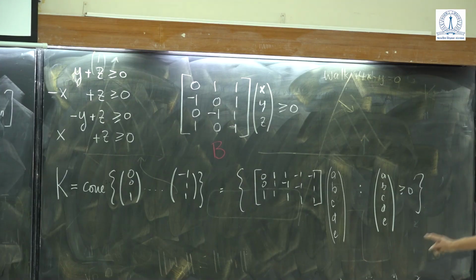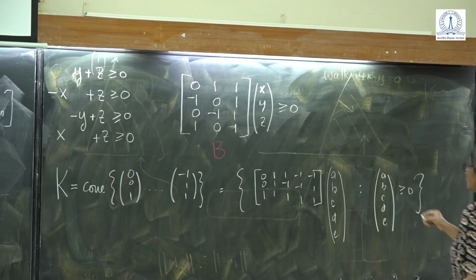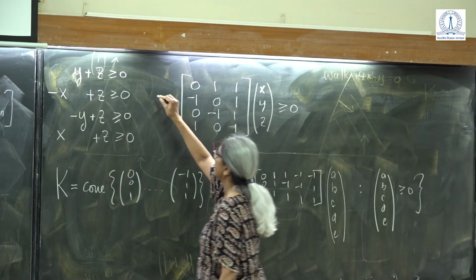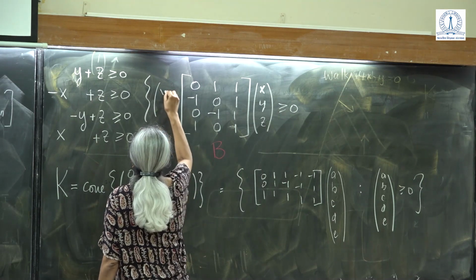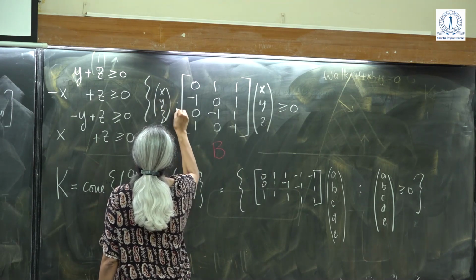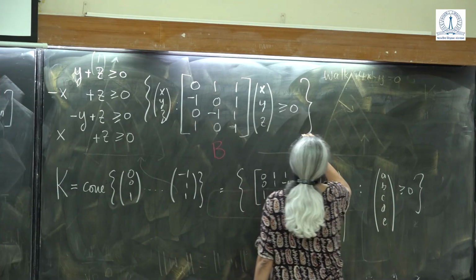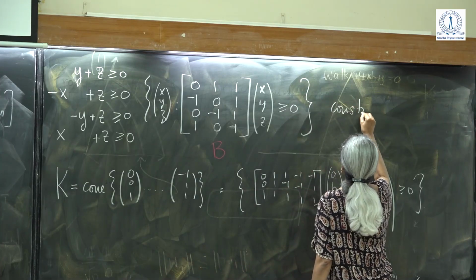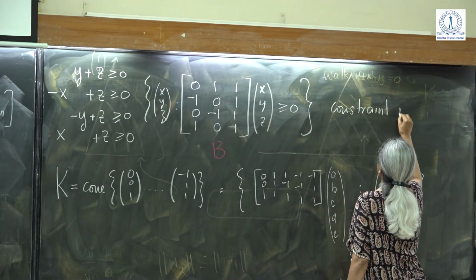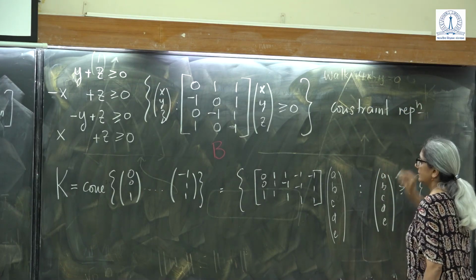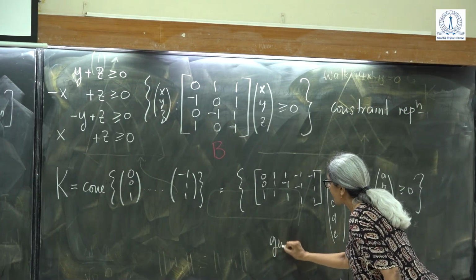So that is the generator representation of that cone. And what we got before is the constraint representation of the cone. This will be the set of all x, y, z such that this is greater equal to 0. This is called the constraint representation. And this is called the generator representation.